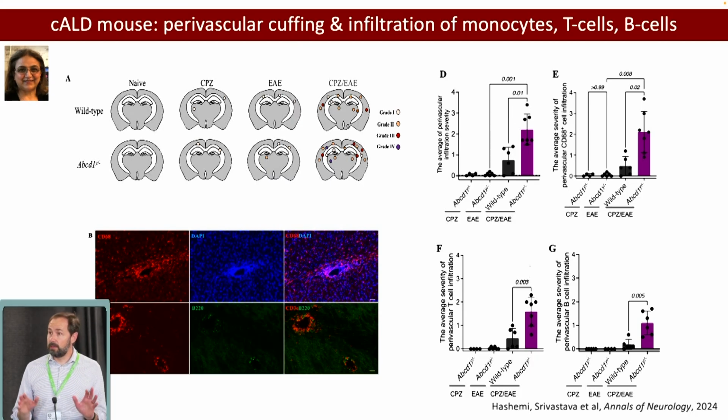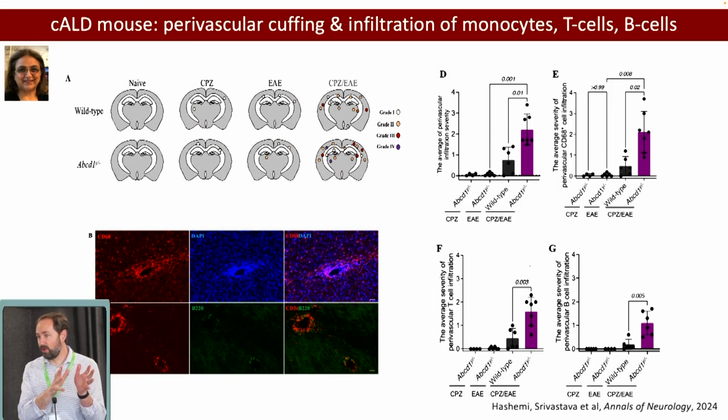We found different types of immune cells we were hoping to see. So we saw these macrophages. We and others in the field think that macrophages are the kind of cells that are present in the brain as microglia.